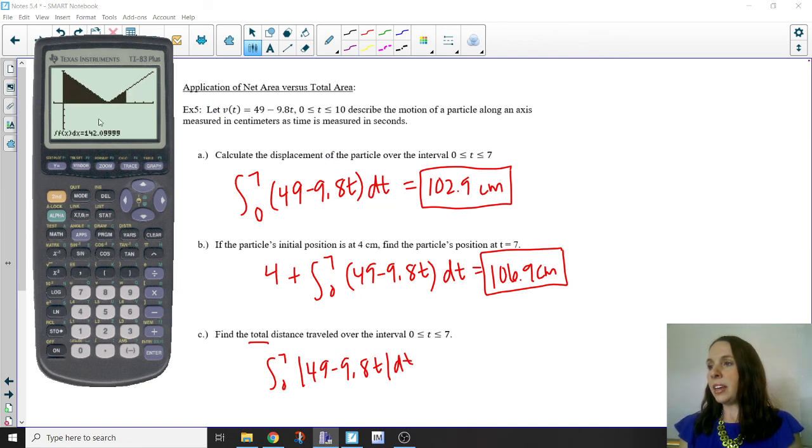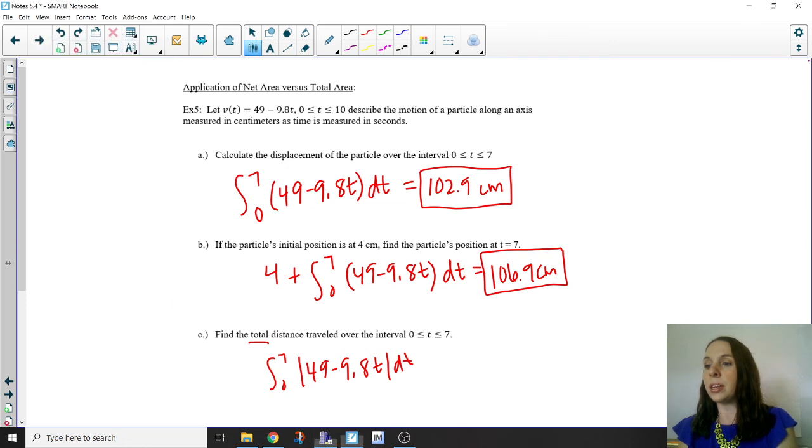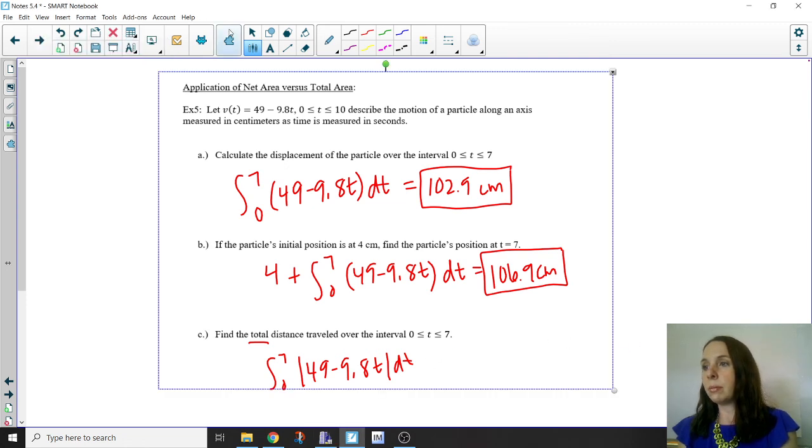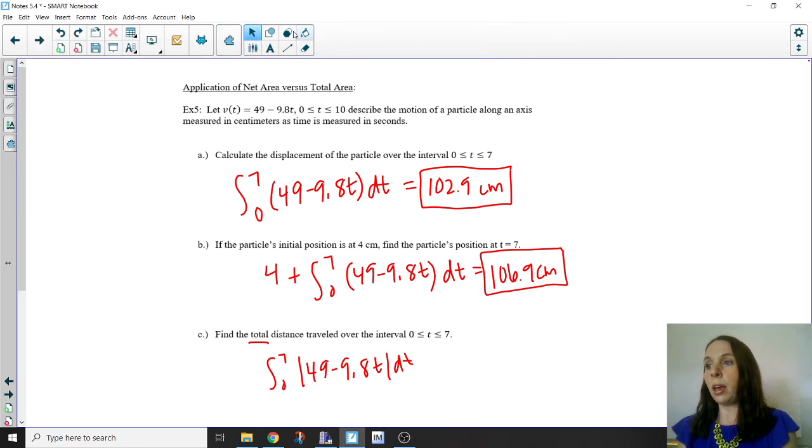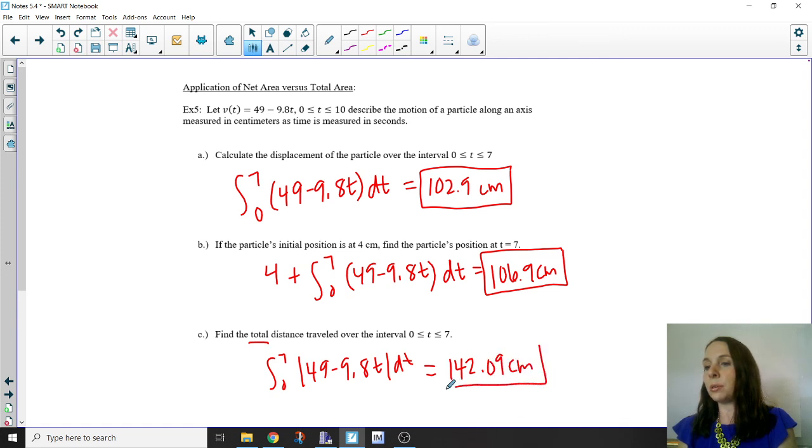So it takes that negative motion and turns it into positive, and the total distance traveled over that time interval is 142.09 centimeters. I don't know why it keeps doing that, but I don't know if you can tell, I'm very frustrated with it. I'm really annoyed. Okay, 142.09 centimeters. Final answer for total distance traveled.